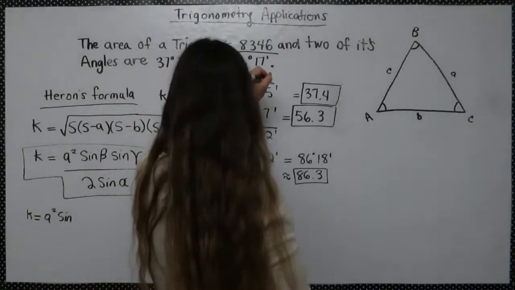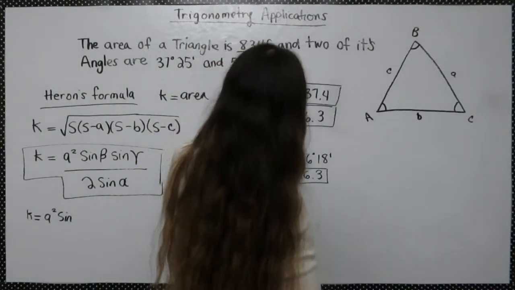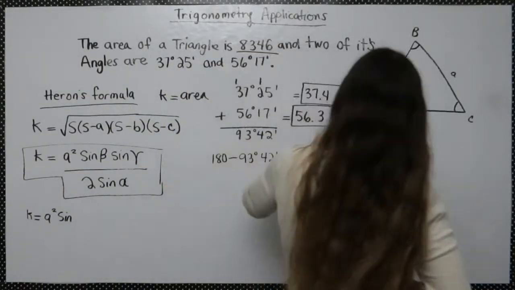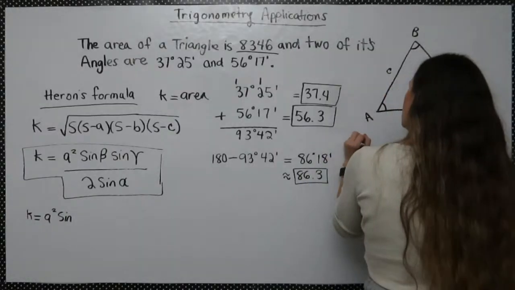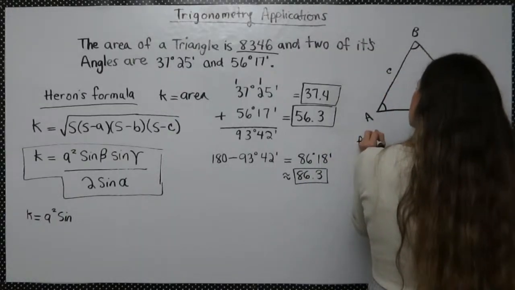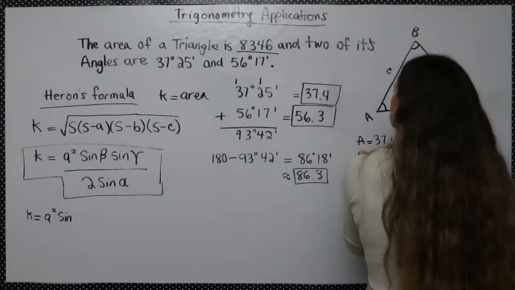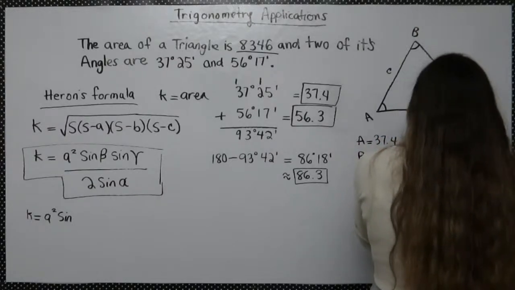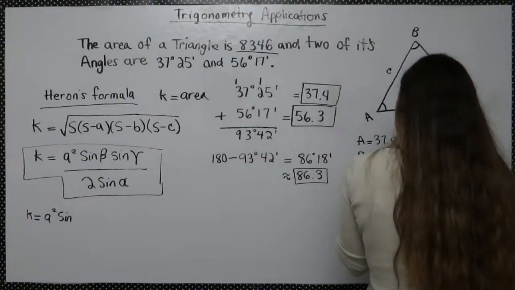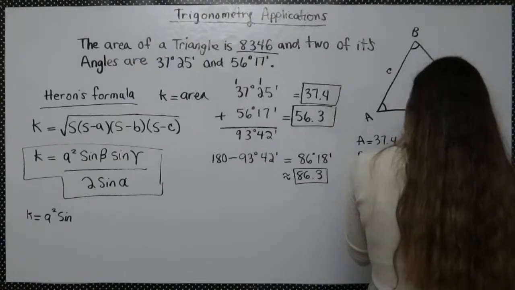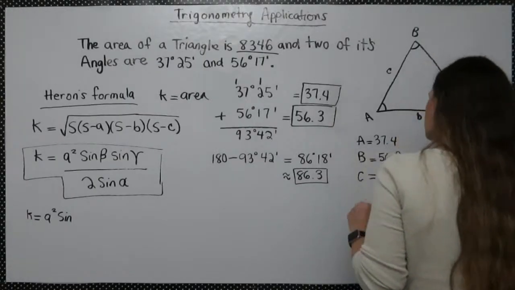So we can label these: A is 37.4, B is 56.3, and C is going to equal 86.3.